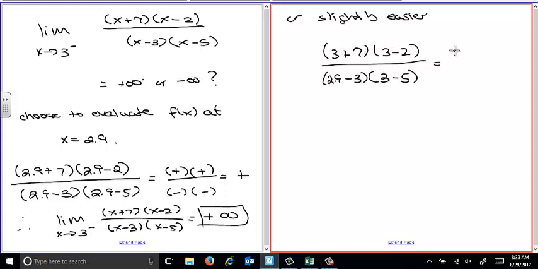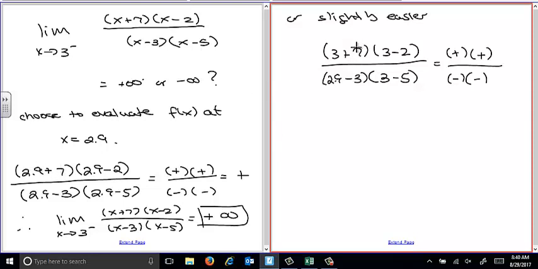3 plus 7 is positive 10. 3 minus 2 is positive 1. This one is still negative. That's one I have to think about a little bit. Not negative 1, but negative. And 3 minus 5 is negative. So I still get the same result. I just don't have to worry about 2.9 plus 7.